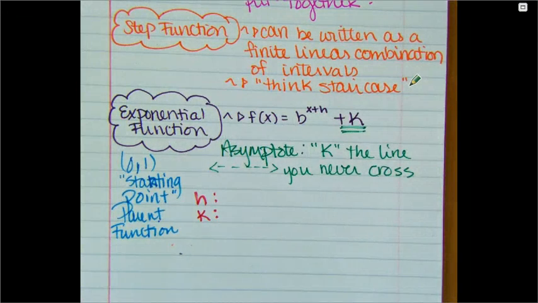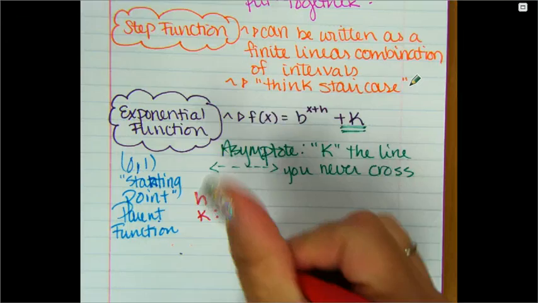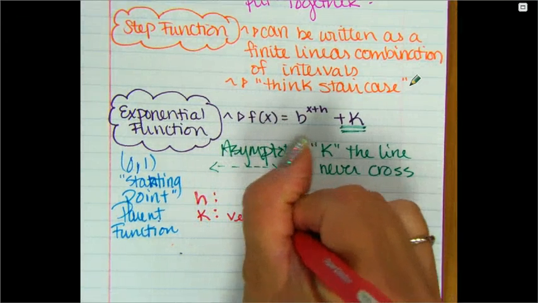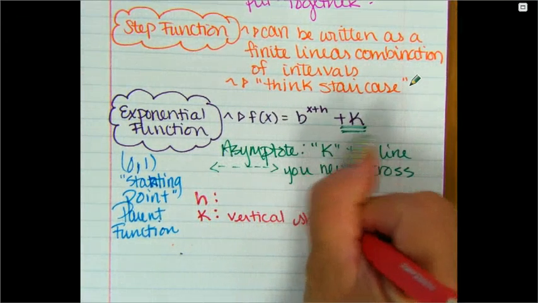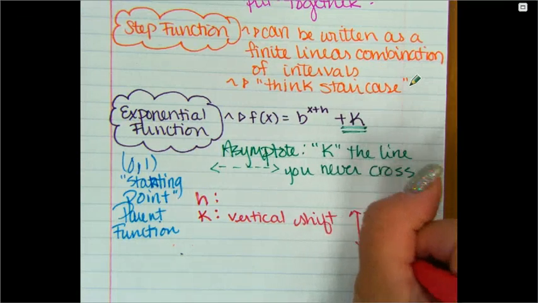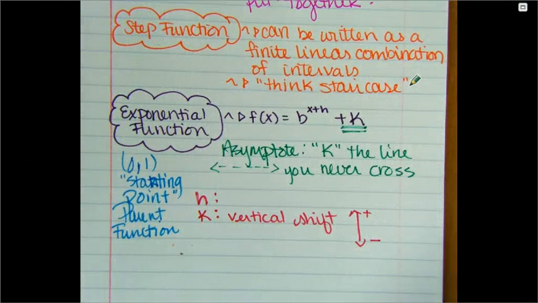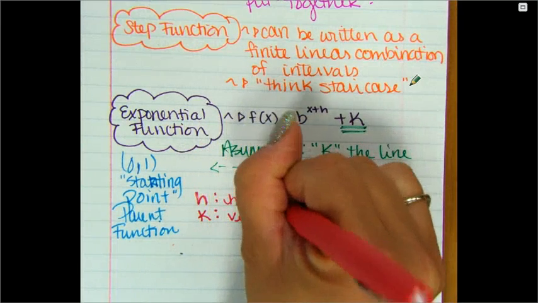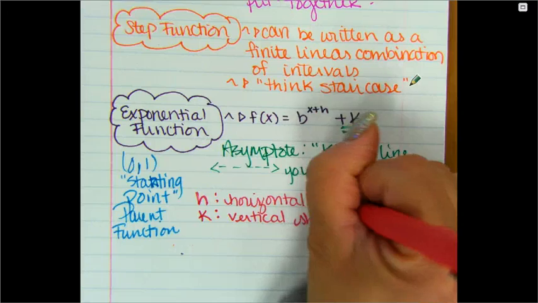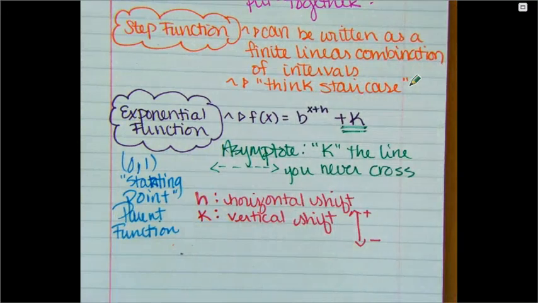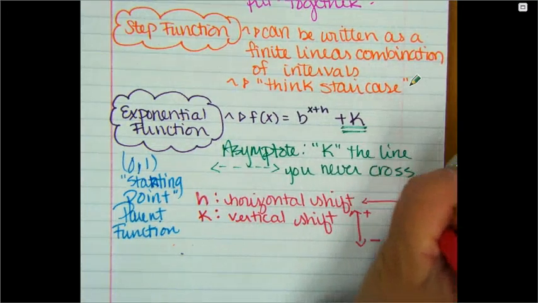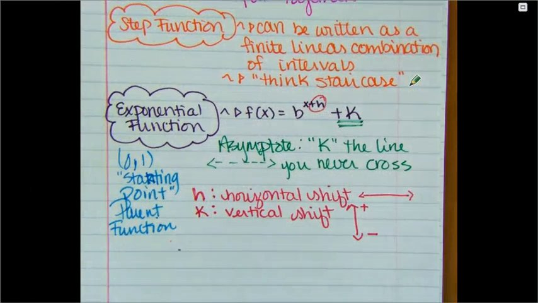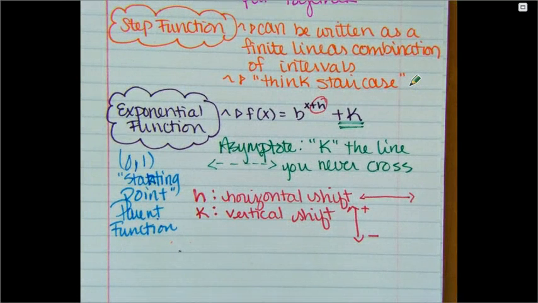So K, we just said, is a vertical shift. That's up and down, positive and negative. But H is a horizontal shift. Now the only problem with that is that this whole time, for vertex form, for absolute value, H is always the opposite.